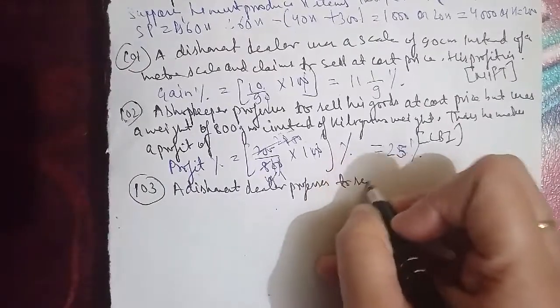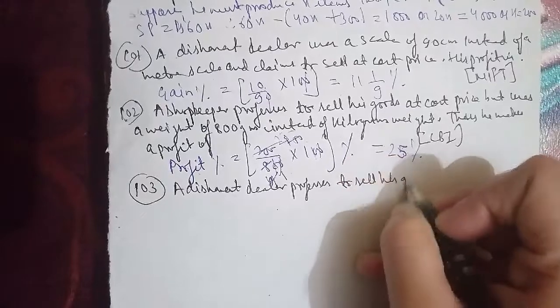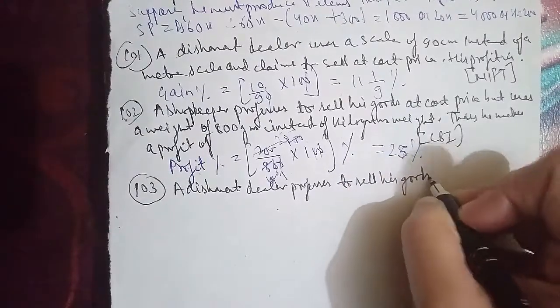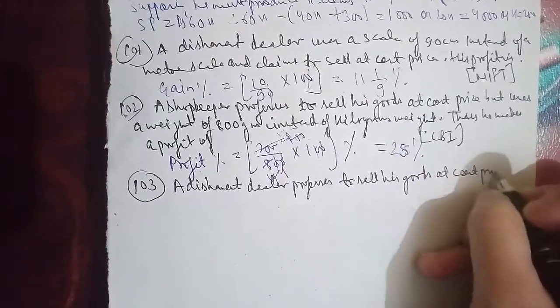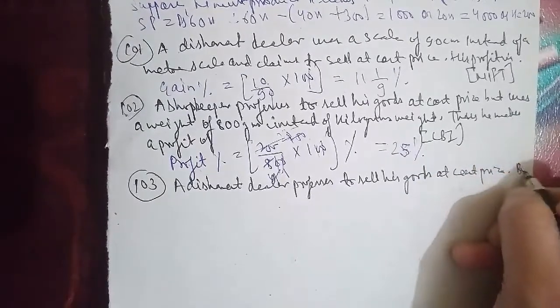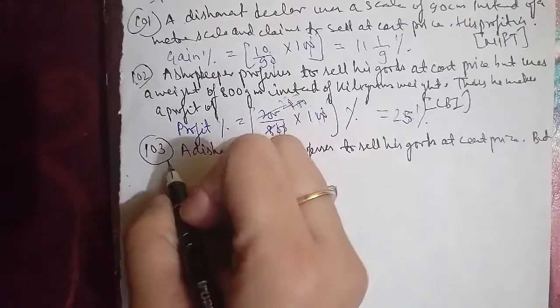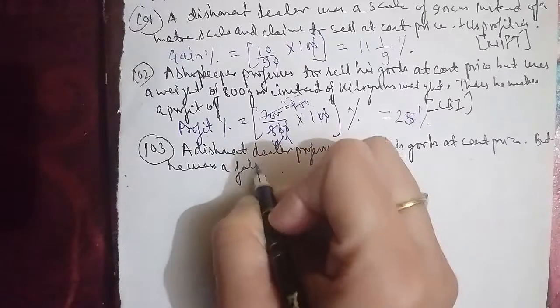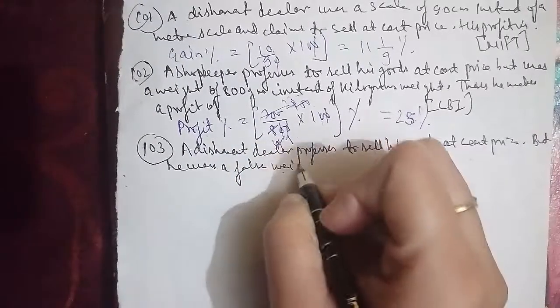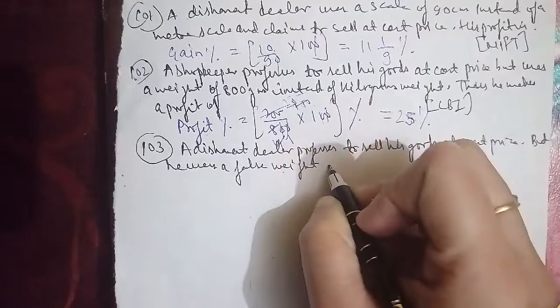For a kg, he uses a weight of what? This has been asked in the AAO exam paper. The options we have as well, we'll find out the solution for the same.